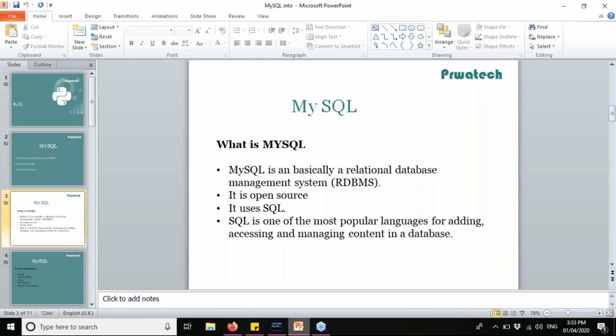MySQL is a relational database management system, known as RDBMS, and it is open source software. It uses SQL. SQL is one of the most popular languages for adding, accessing, and managing content in the database.